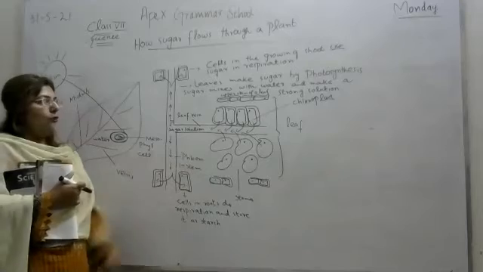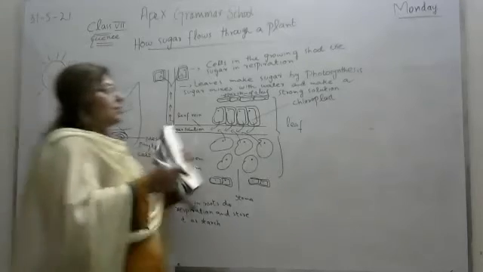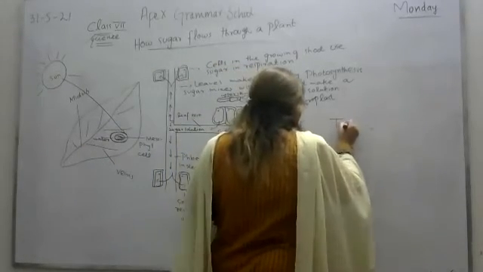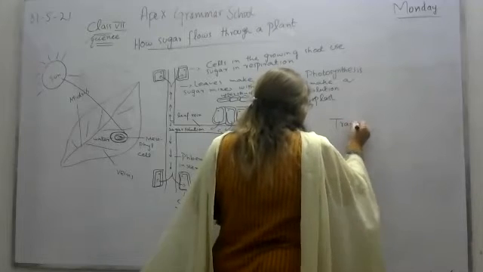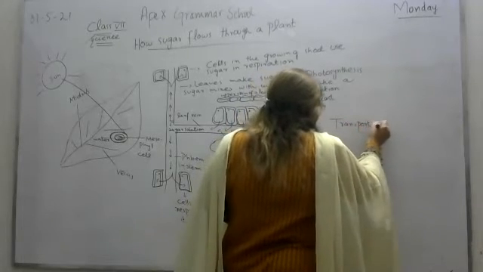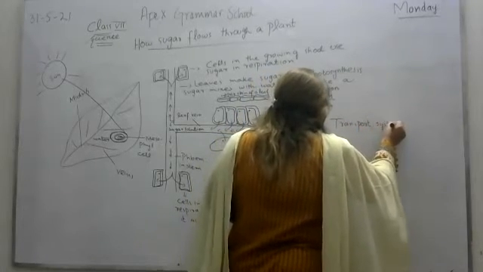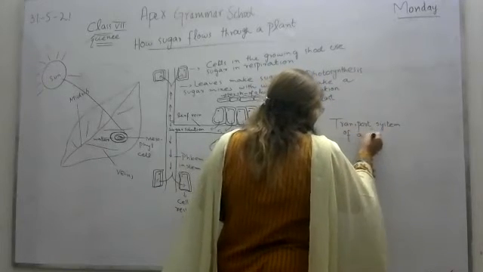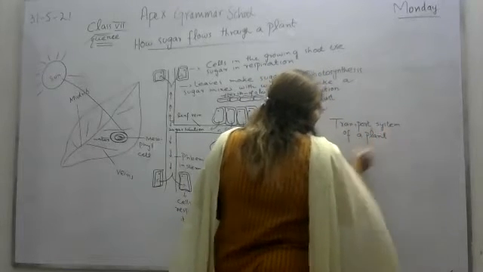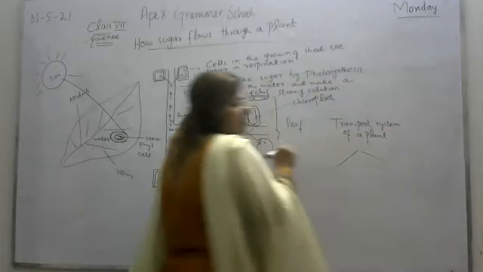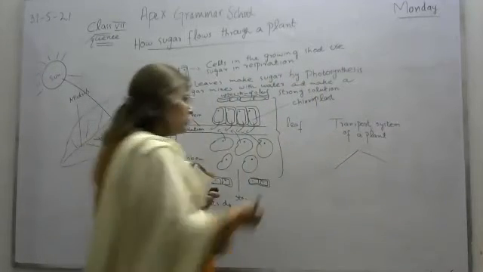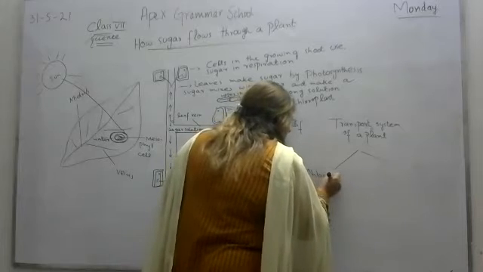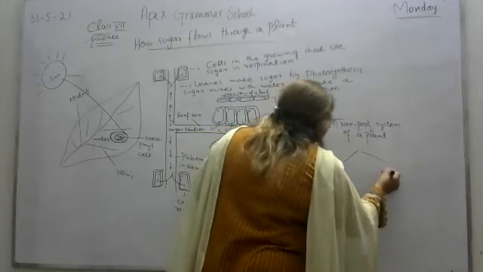And you also know, when we talk about the transport system of a plant, we know that this system consists of two types of tissues, phloem and xylem.